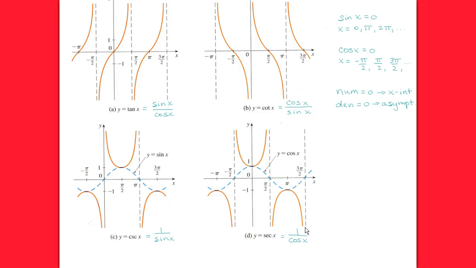But actually, we had found that the easiest way to graph the cosecant and secant graphs is to use their reciprocals. Like the reciprocal of cosecant is sine. So if I come in here and I draw the sine curve, now of course the sine curve is not part of the cosecant graph, but if I draw my sine curve, then I can just make the cosecant and secant graphs like a series of smiley faces and frowny faces.